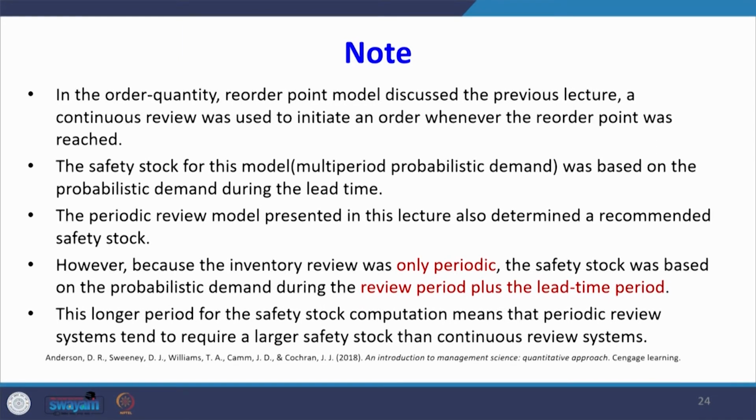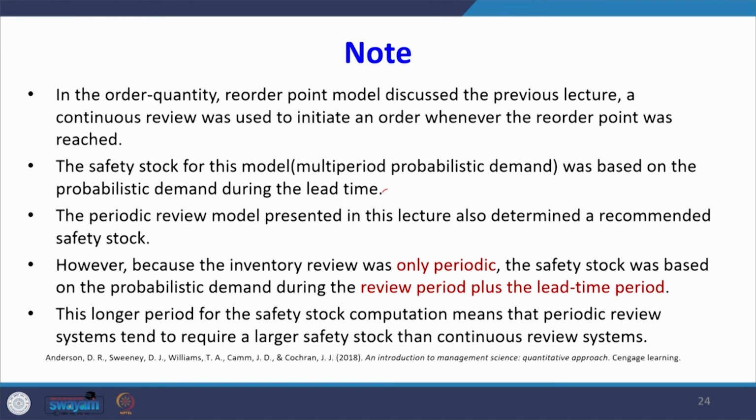That model was based on the probabilistic demand during the lead time. You remember, in the previous lecture, we considered only the demand during the lead time. With the help of demand during the lead time, we found the average annual demand, I think 8008 units.